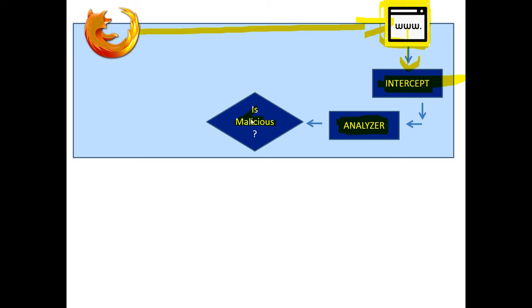If it is against the rule set, it is malicious. If it is not against the rule set, it is not malicious. Based on that result we set a flag. The flag will be set as yes if the page is malicious, and as false or no if the site is not malicious. So either the site is malicious or not malicious.